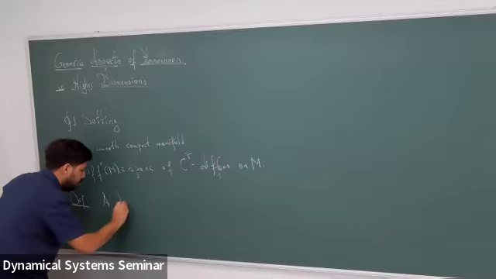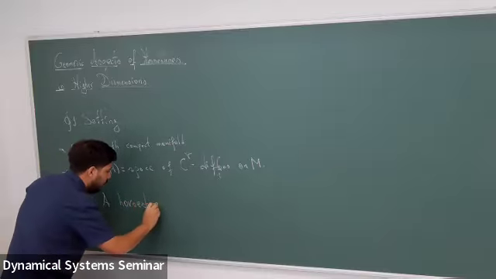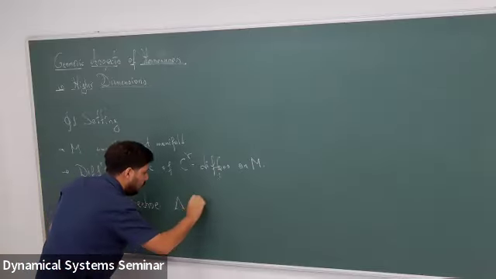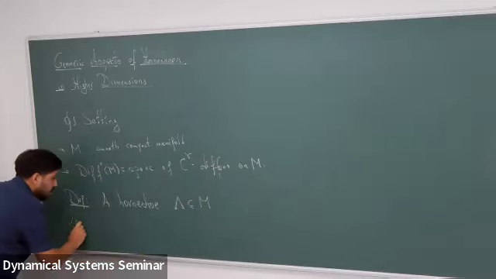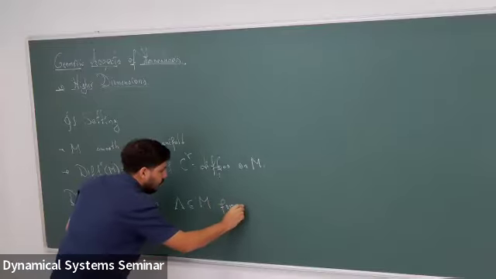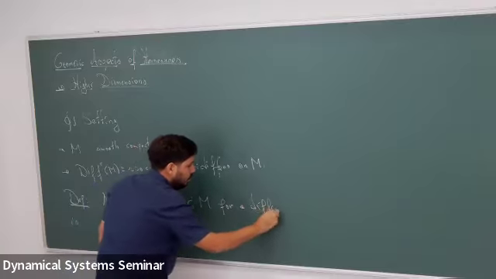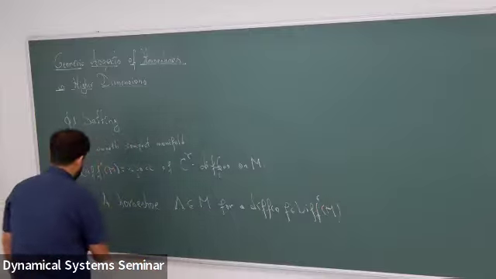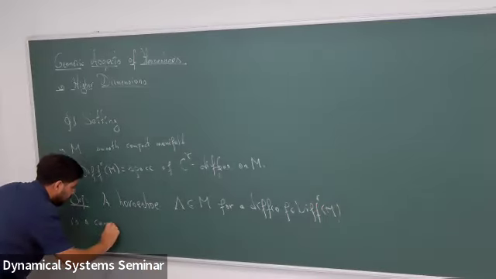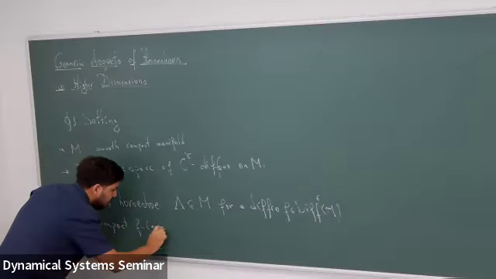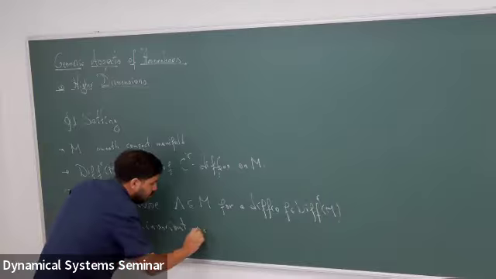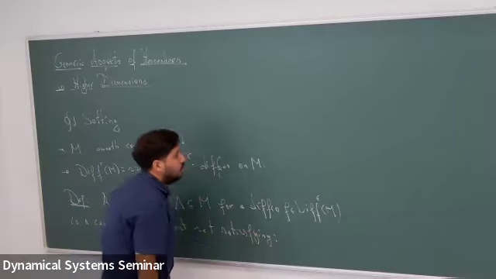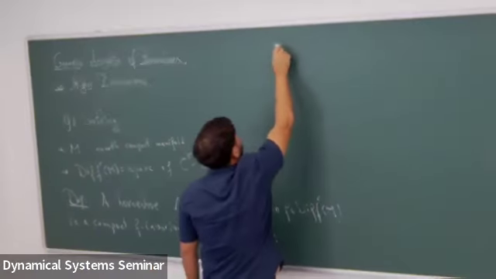So a horseshoe, for a diffeomorphism f, is a compact f-invariant set lambda satisfying a list of requirements that a set needs to satisfy to be called a horseshoe.